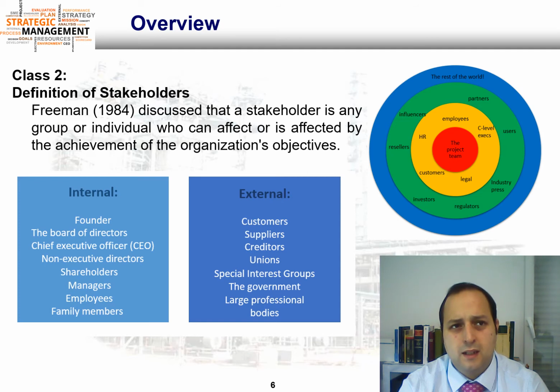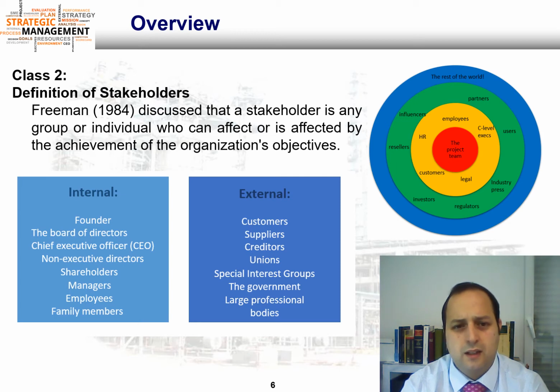As you may see in this circle, you can see first of all the company, and then their employees, the creditors, the customers, suppliers, unions, even the government or the entire society. Here is a classification between internal and external stakeholders.